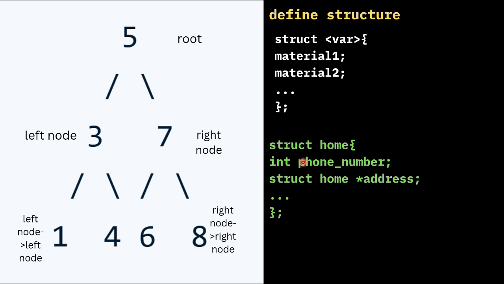Here is an example. Let's think that we are going to build our dream home, and in that home we will go only when we are required to get a phone number or the address of the homes which are nearby, or any home's address.